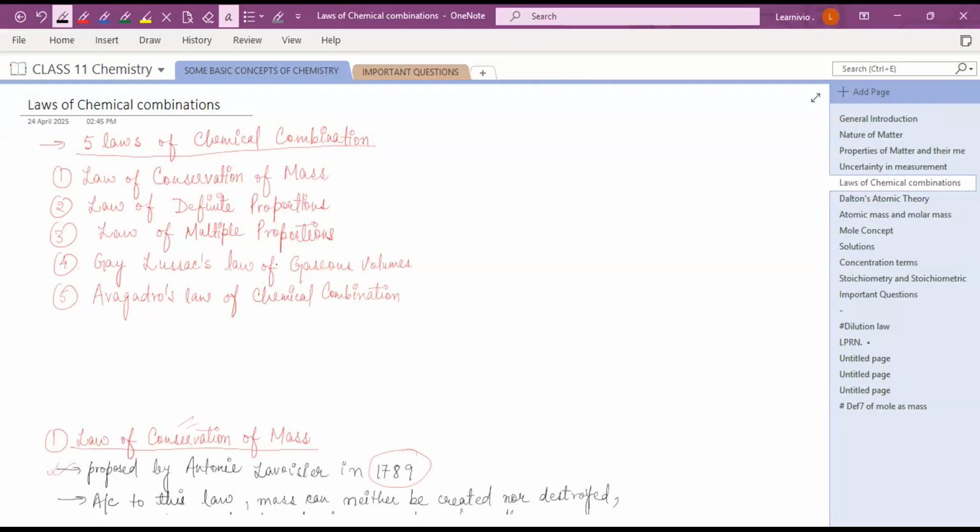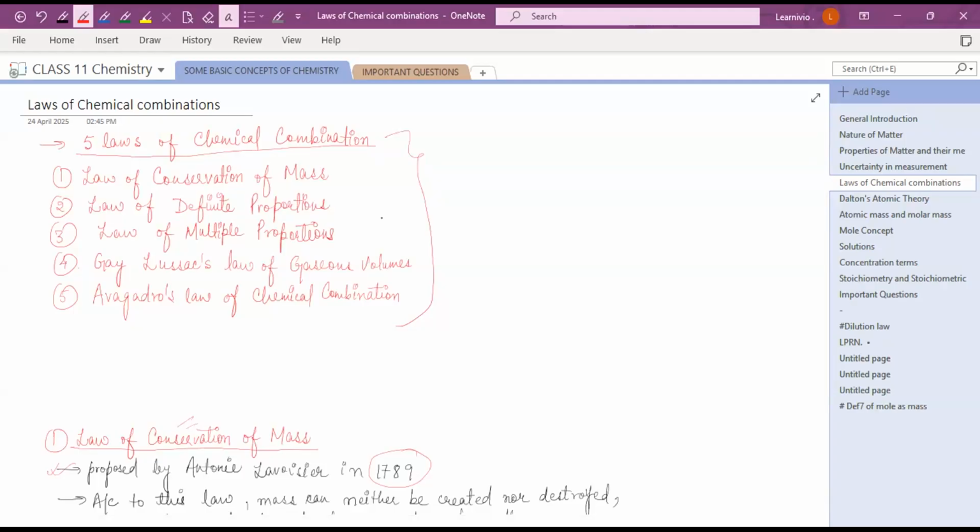So the reactions which involve combinations of various elements, where the various elements combine to form a single compound, are governed by these 5 laws. Okay, these 5 laws are very, very important whenever chemical reactions occur.